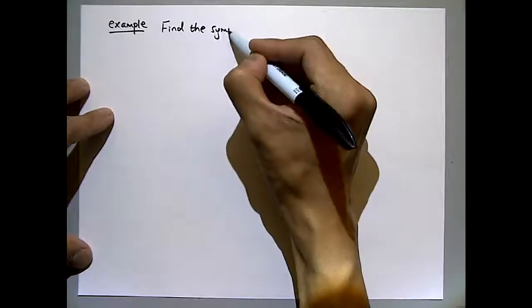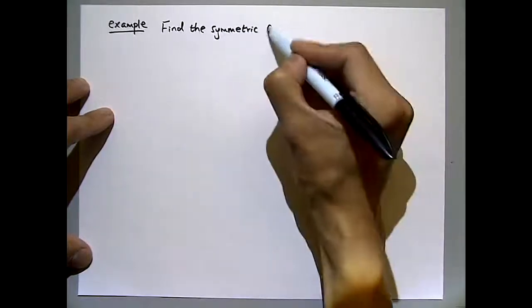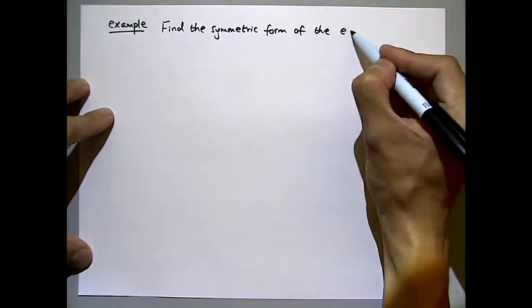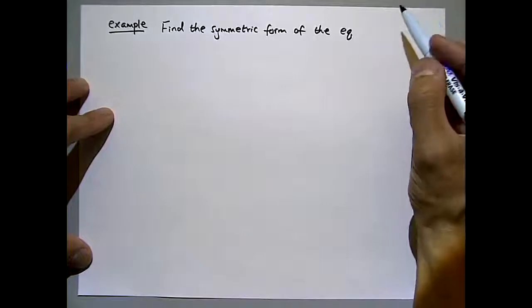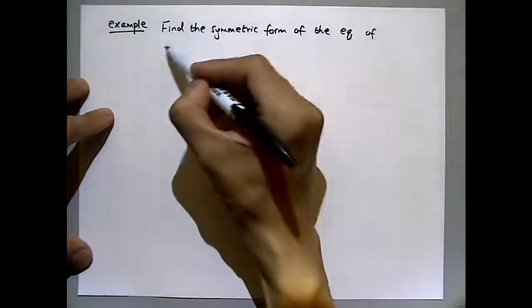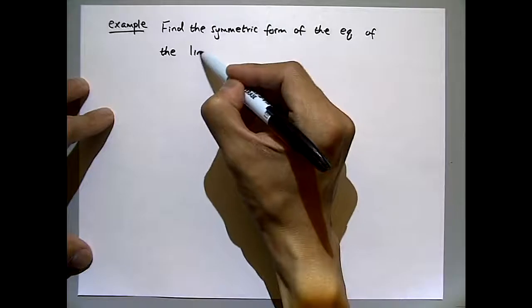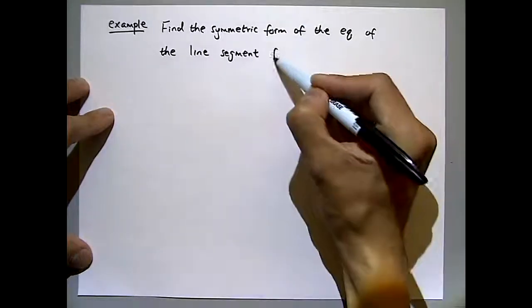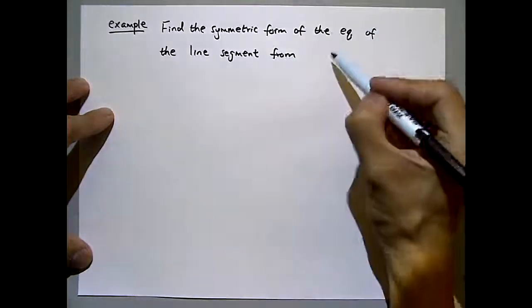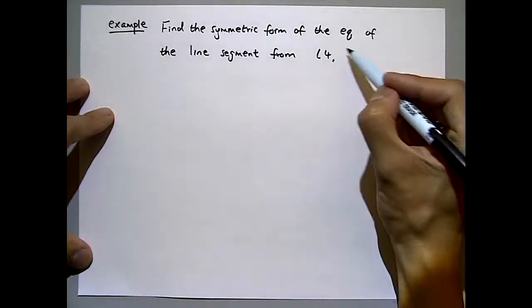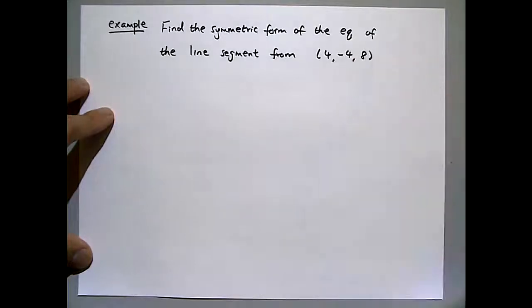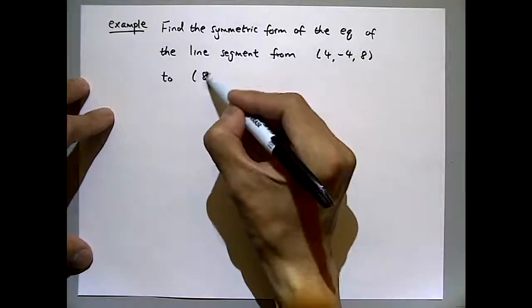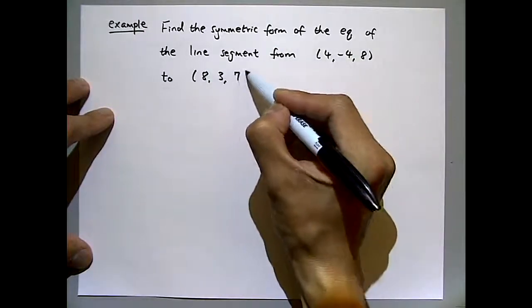Find the symmetric form of the equation of the line segment from the point 4, -4, 8 to the point 8, 3, 7.